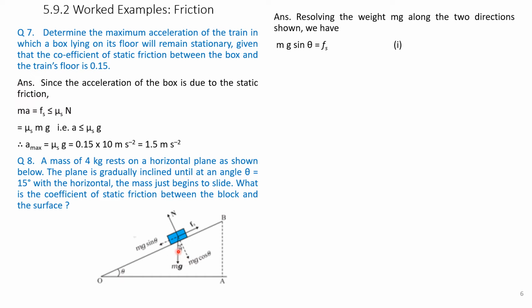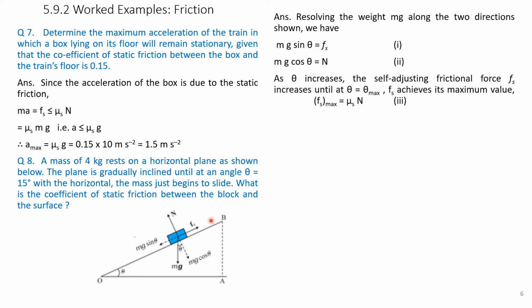Therefore, from the knowledge of trigonometry, mg sin theta is equal to Fs. mg sin theta is pointing towards left and Fs is toward the right. Let it be equation 1. Now the component mg cos theta is equal to the normal force N. Let it be equation 2.